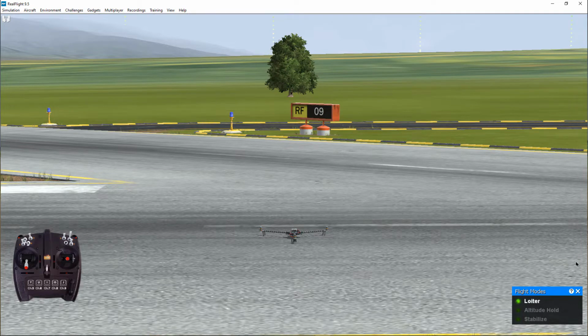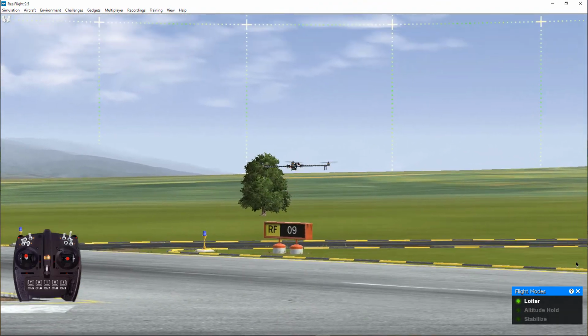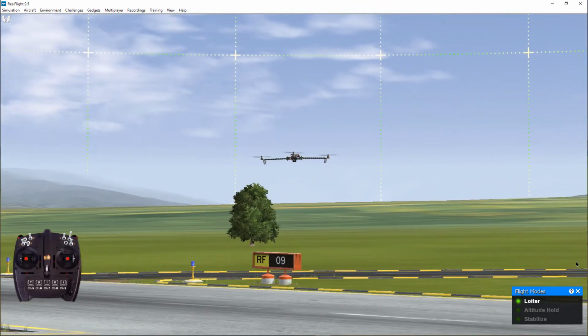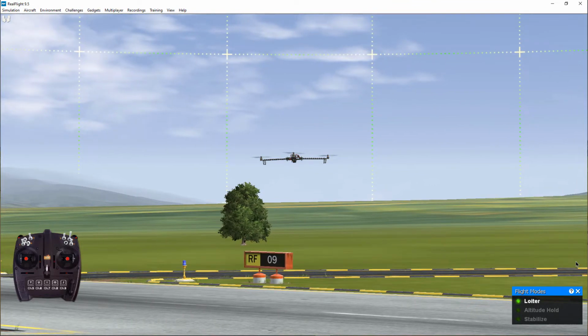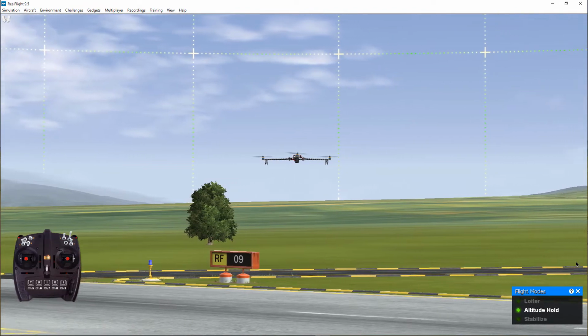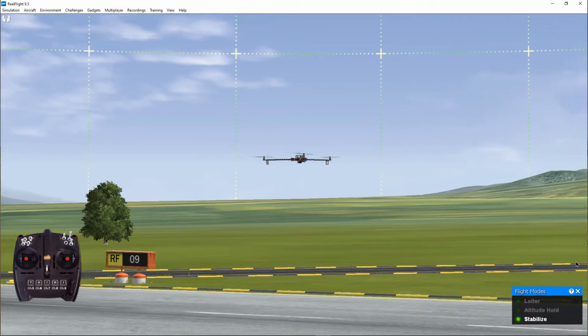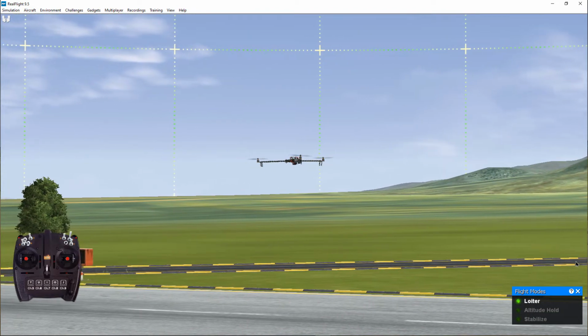So loiter is a mode in which the aircraft, taken directly up, given lift and thrust, we can hold. It'll hold both vertical altitude and horizontal position. If I go into alt hold mode, it may look the same, but you'll notice the wind can actually drive the aircraft one way or another.